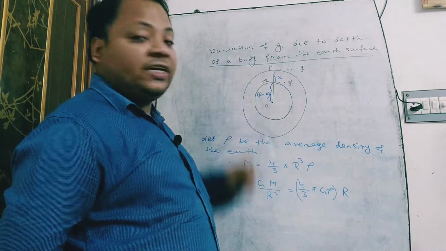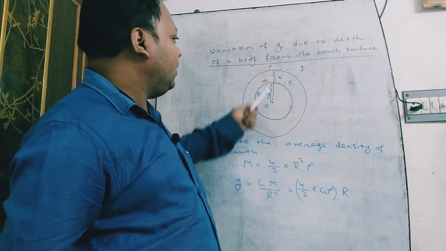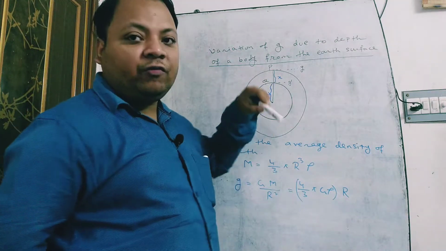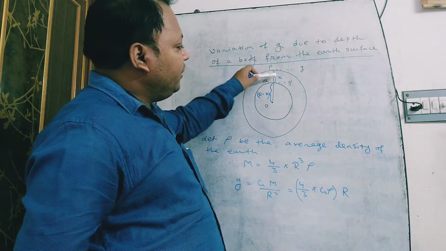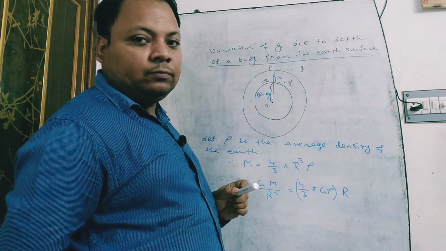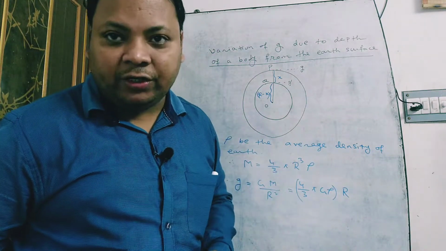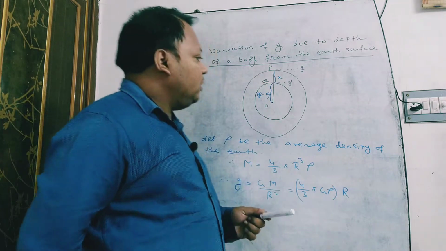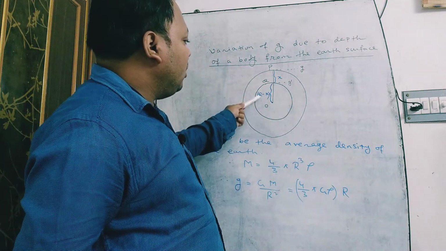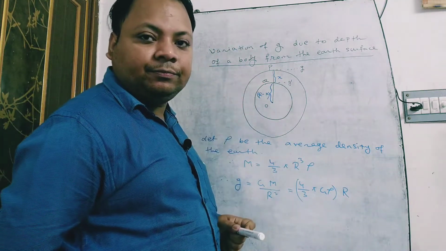O is the center of the Earth. Let x be the depth of a mine, so PQ is equal to x. The acceleration due to gravity at the point Q is g prime. That is, OQ is equal to R minus x.